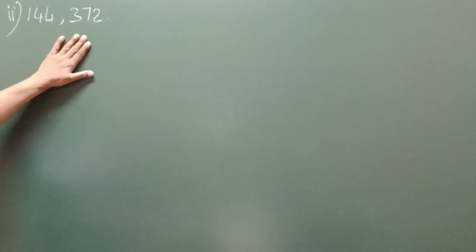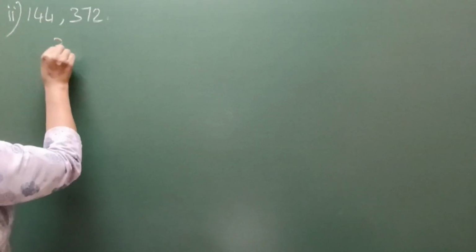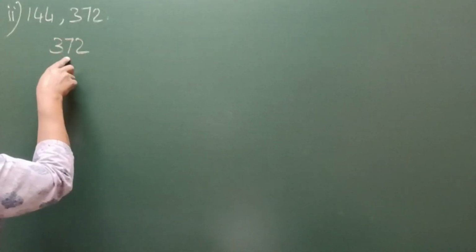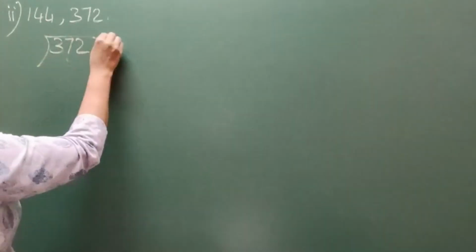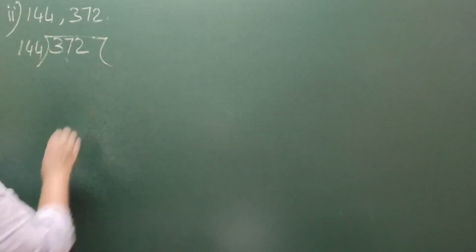Our next question. In this question also only 2 numbers are given, so it is easy for us to find the greater number and then start the division. 372 will be our dividend and 144 will be our divisor.